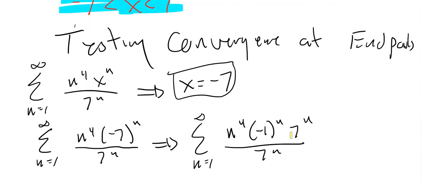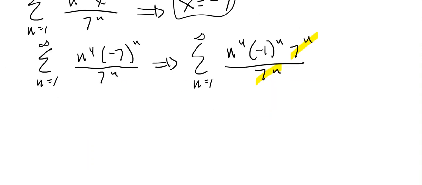And now these cancel out. And so we have our series negative 1 to the n, n to the fourth. We have an alternating series. So let's go to the alternating series test to determine convergence.